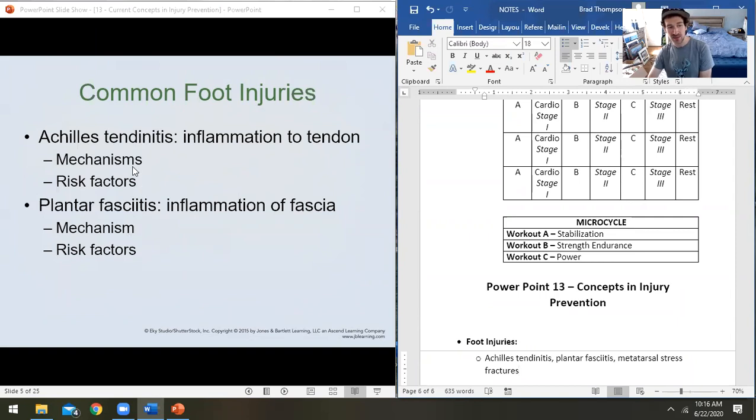Well, the mechanisms for Achilles tendonitis and plantar fasciitis are pretty similar. Your big risk factors here are overactive calf muscles. Those muscles get tight, and then maybe this section of fibers doesn't decide to move.